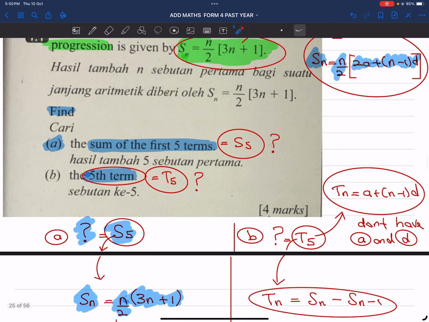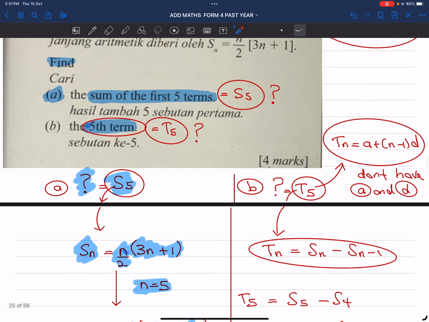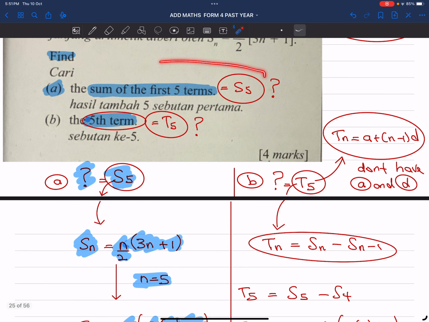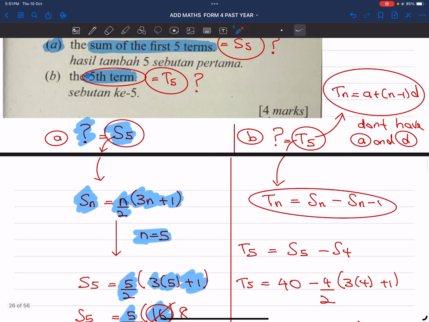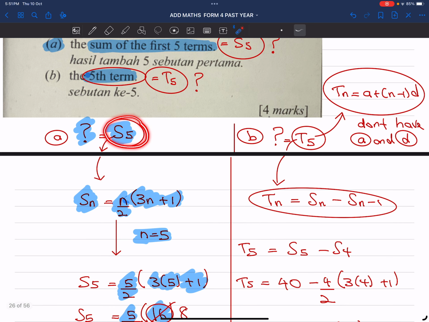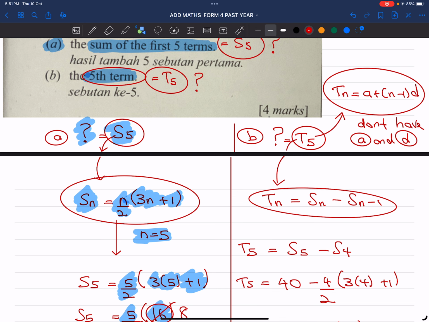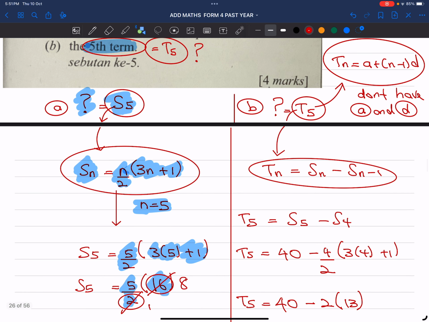Find part A, the sum of the first 5 terms, S5. As usual, we start from what they ask, so I'm starting with S5. Since we are asking S5, I'm using the formula Sn that is given, whereby the n over here is 5.